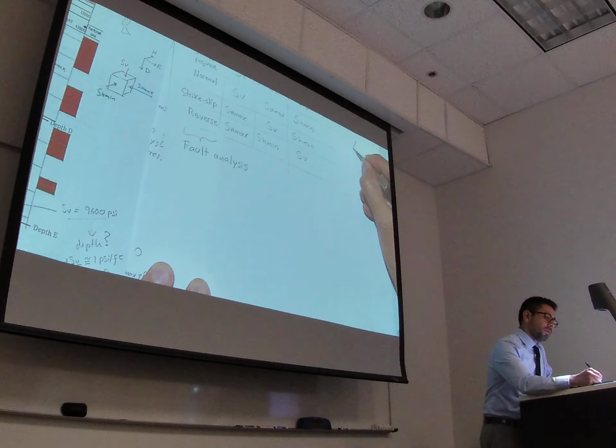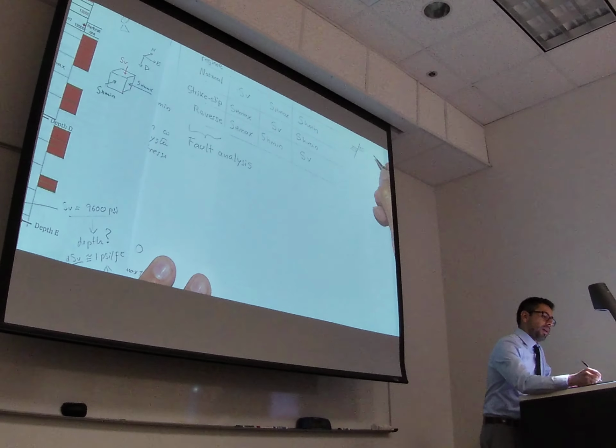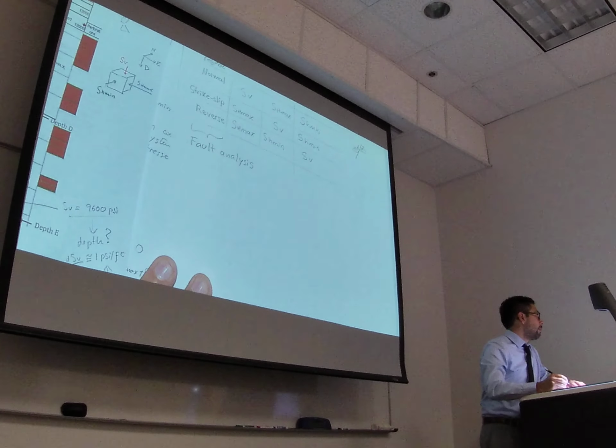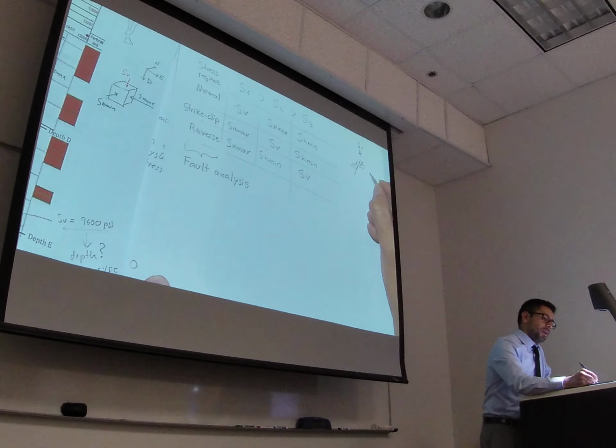In a normal fault, usually if you have a formation somewhere over here, it slides in such a way that this one goes down, this one goes up, and of course here, this is SV, and this one is SH min.